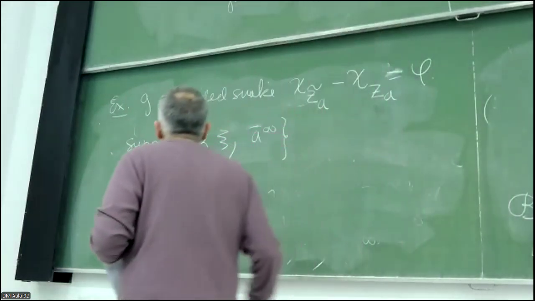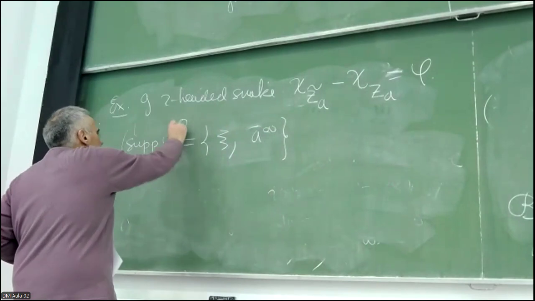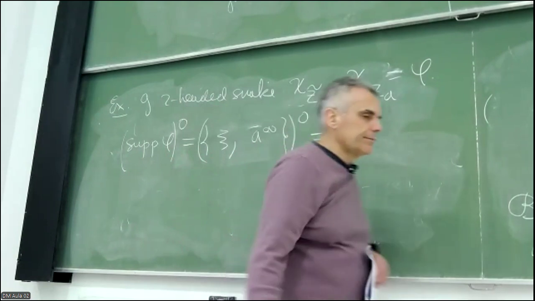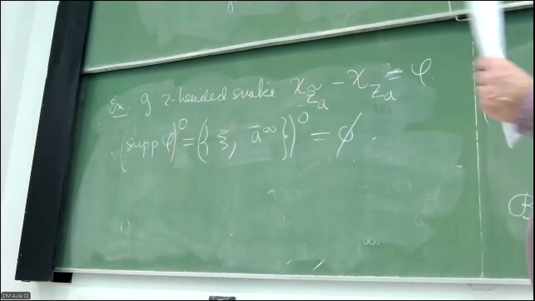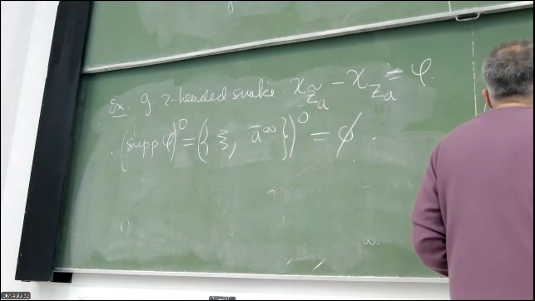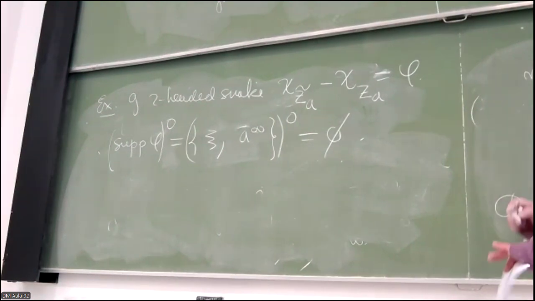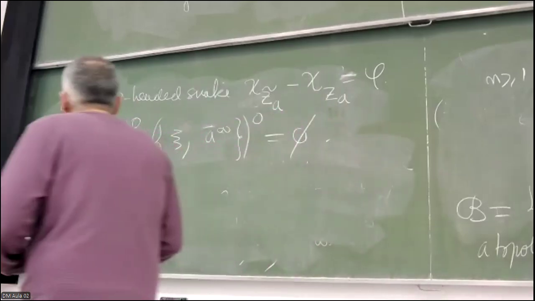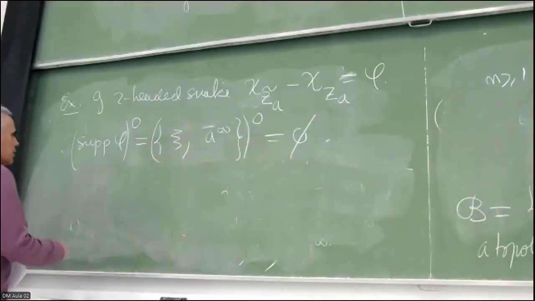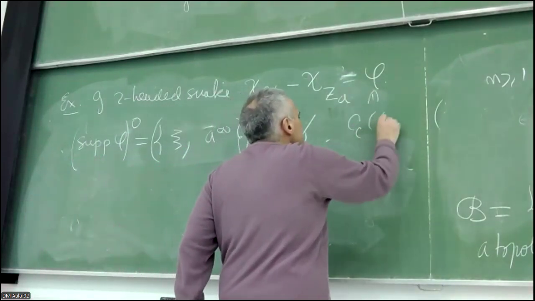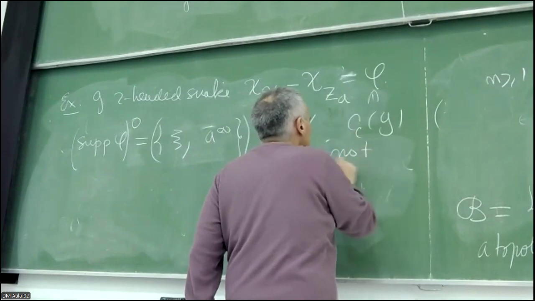And the interior of this is the empty set. So if phi were continuous, its support, defined as the inverse image of the non-zero elements, should be open. Not only is this one not open, but its interior is empty. Okay? So this one lives in CC of G and is not continuous.